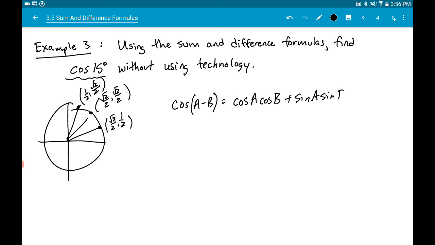And if we're slightly clever here, if we think about the goal, which is we want to have 15 degrees, well, one way we could do that, here's the key thing, is think of 15 as 45 minus 30.